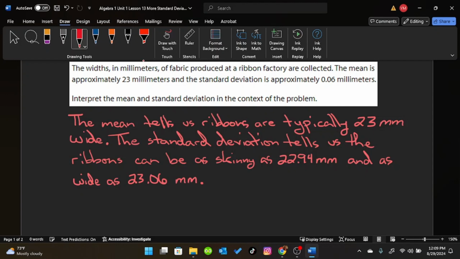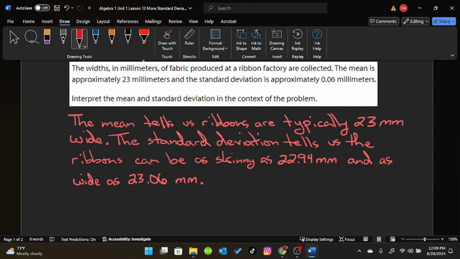So the mean is telling you how wide the typical ribbon is, and the standard deviation is telling you how varied the results could be.